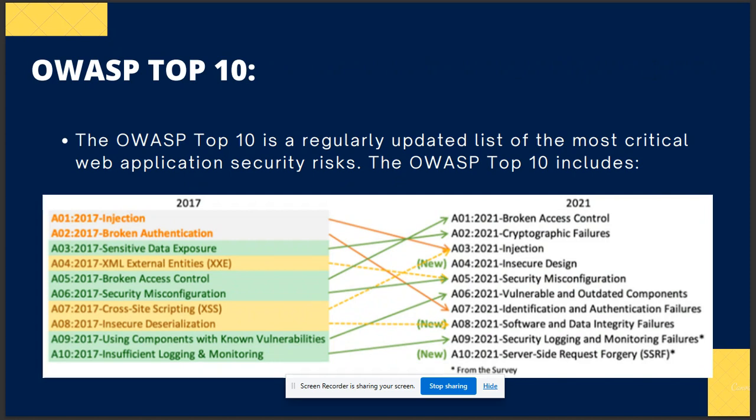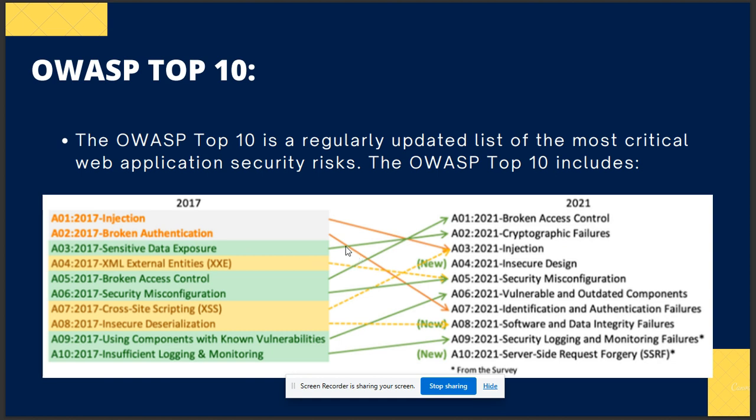Okay, so this is the 2017 vulnerabilities, and this is the updated one. There are three new vulnerabilities, and most of the others just got their names changed. Okay, injections go here as injection, and broken authentication changes into identification and authentication failure, and sensitive data exposure moved up as cryptographic failure.